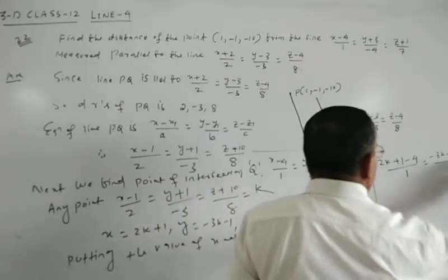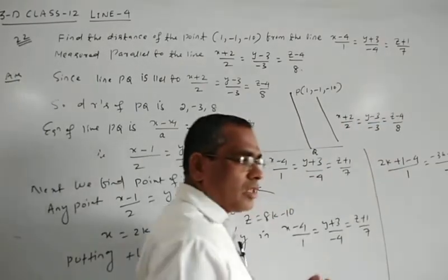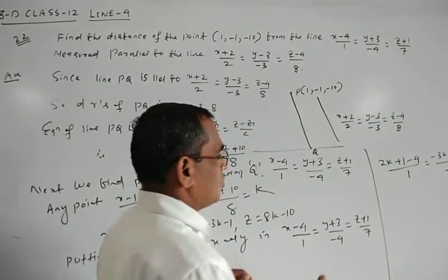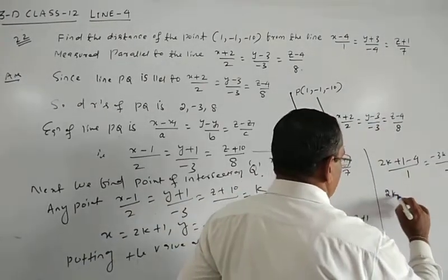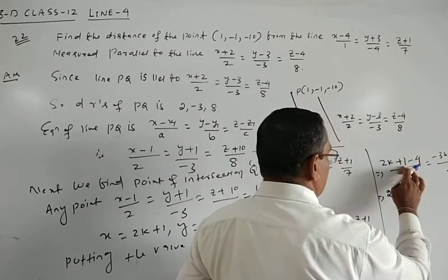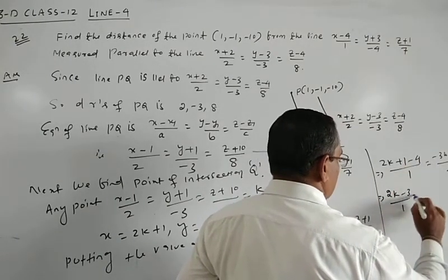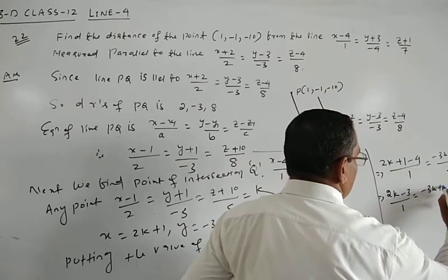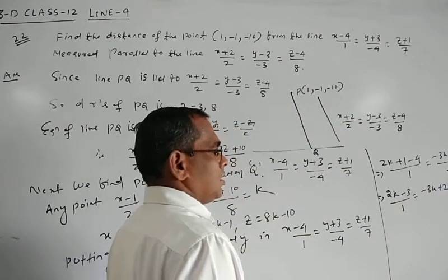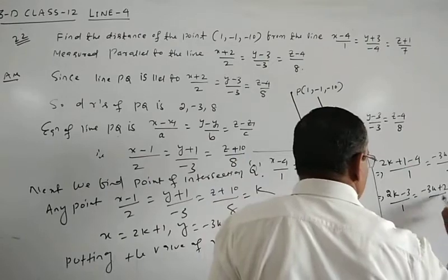We do not need the value of z here. So 2k minus 3 by 1 is equal to (minus 3k plus 2) by minus 4.